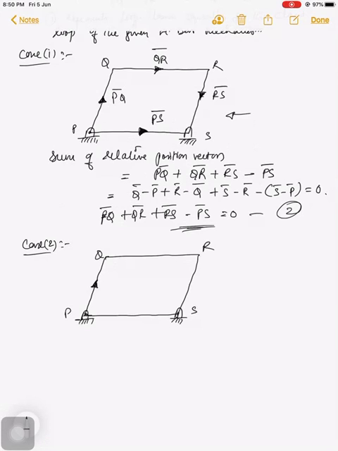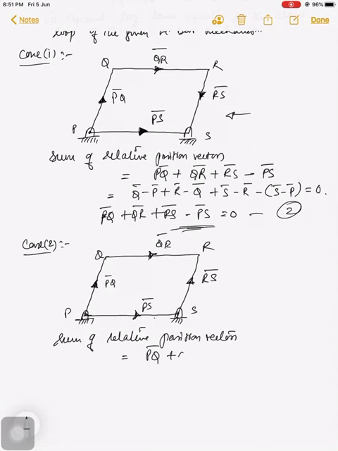So the relative vectors are given as PQ here, QR, RS and PS. As we can see here, two of the links have opposite directional vectors. Therefore, the sum of relative position vectors is given by PQ plus QR minus RS minus PS.